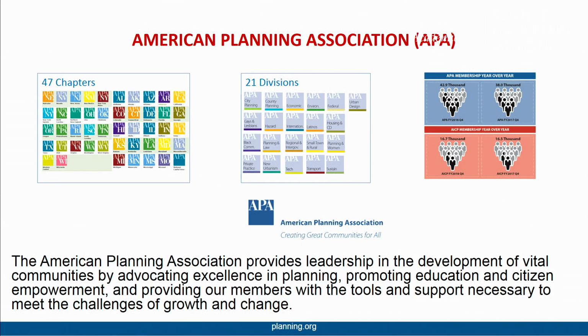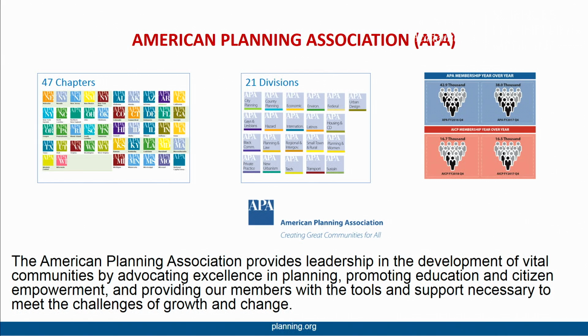A little bit about APA, just a couple of sentences. We are a membership organization for planners, the largest in the world. What we do is advocate excellence in planning and promote education and citizen empowerment. We have about 43,000 plus members coming from all states and territories. We have 47 chapters, one for each state, with a couple of them clubbed together in the Northeast.